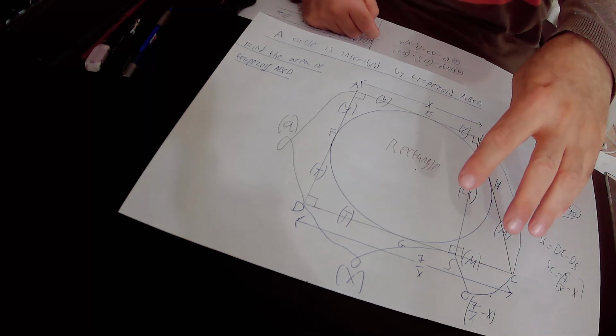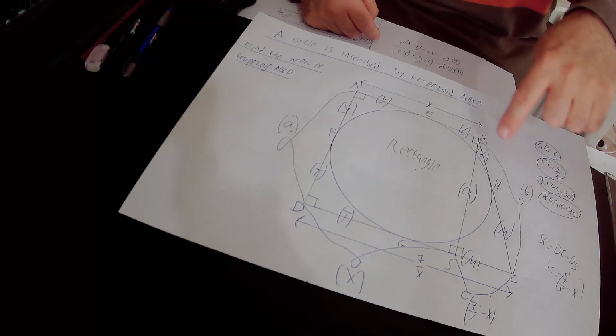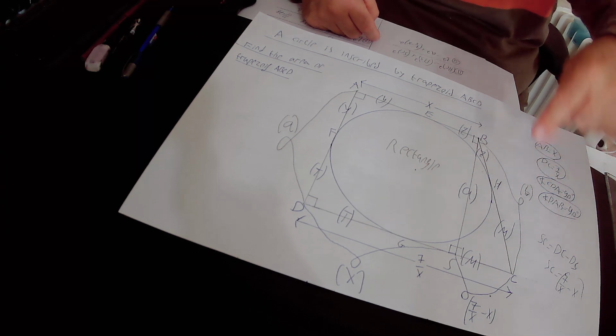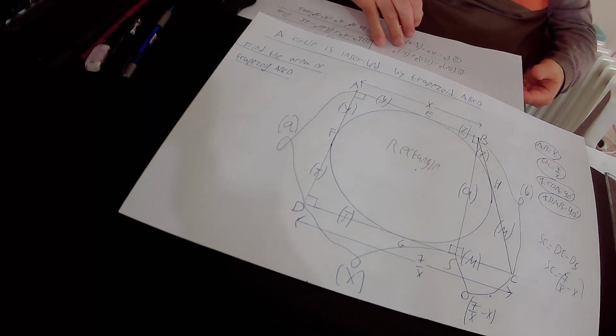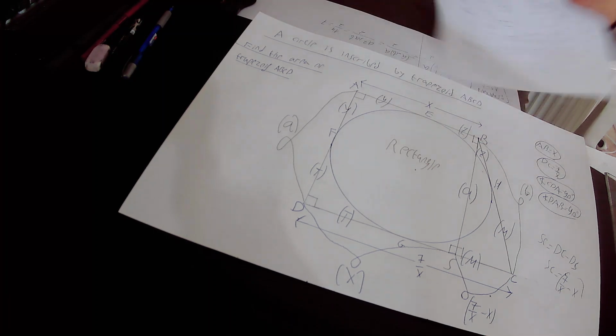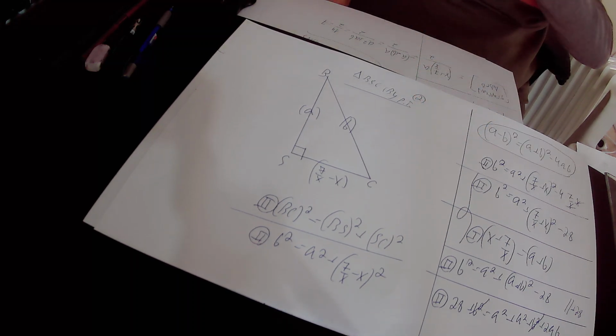In the next step, I'll copy this right triangle BSC onto a new page and apply the Pythagoras theorem to it.